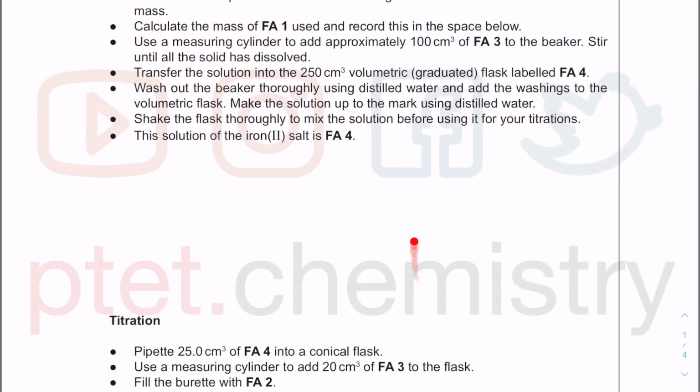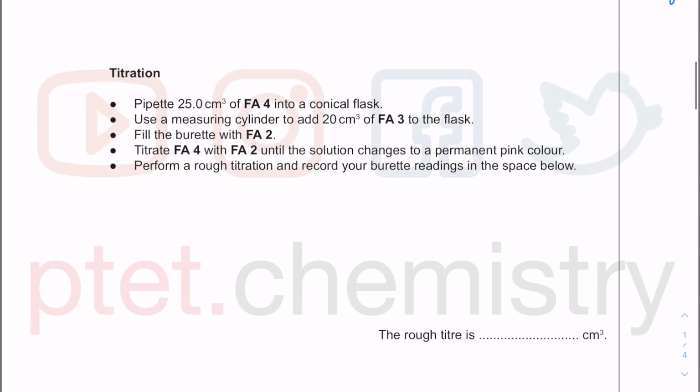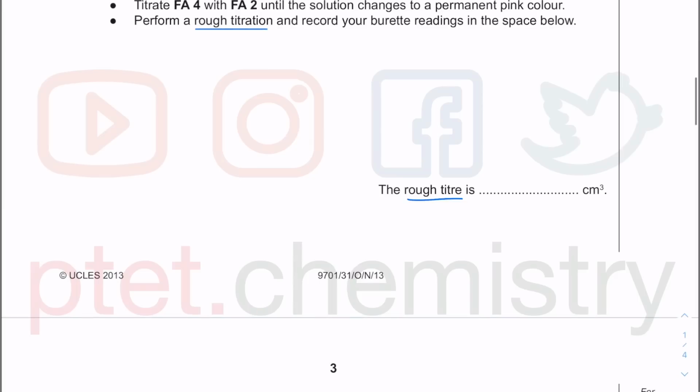These are to do with the masses, so some mass calculations, and 2 decimal places for the mass reading because it's stated in the syllabus under the list of apparatus. The mass balance that the centre needs to provide to the students needs to be a mass balance that can measure up to 2 decimal places. This is your rough titration, so you always have to perform a rough titration, and then state your rough titre.